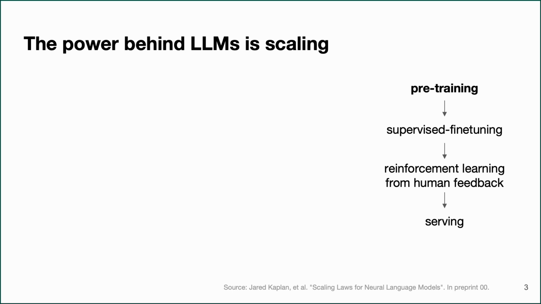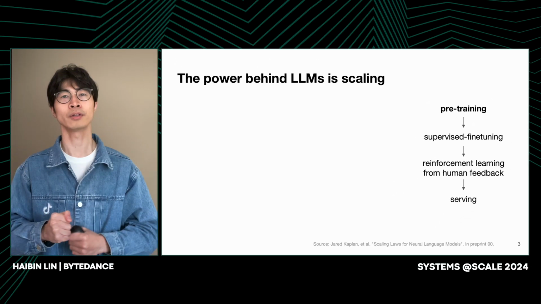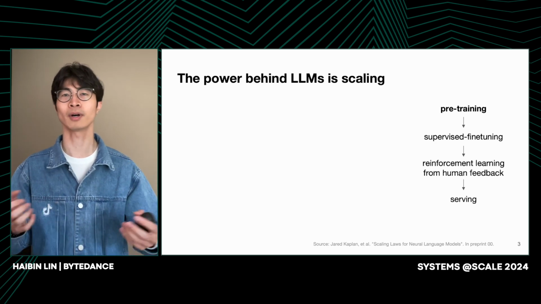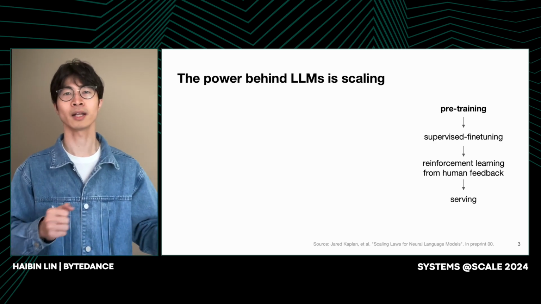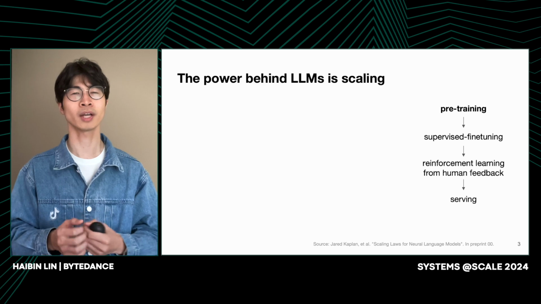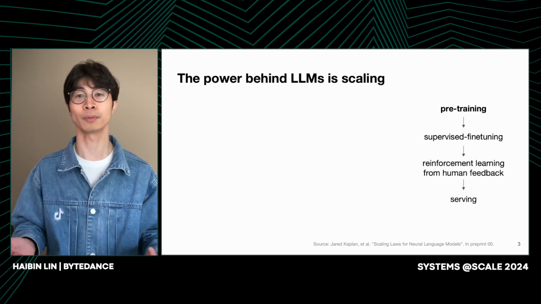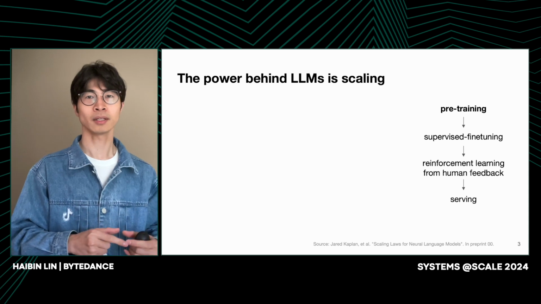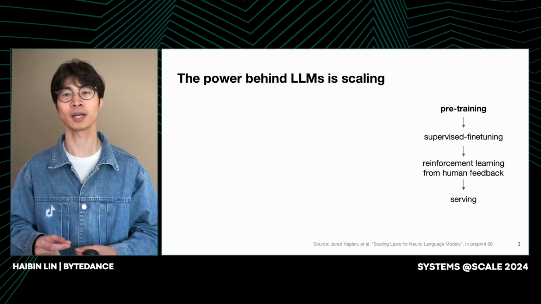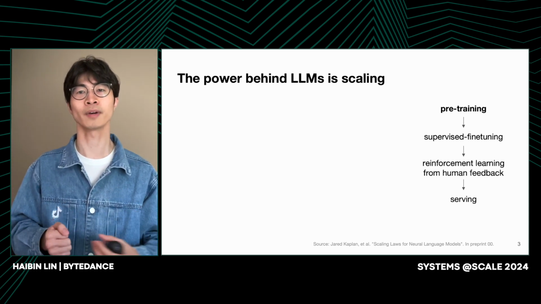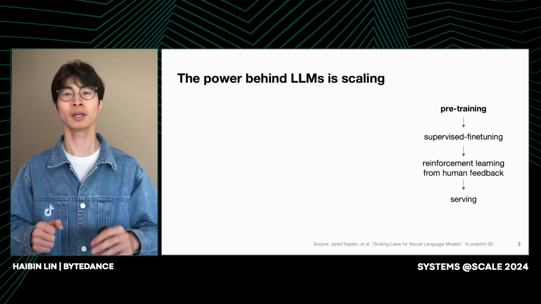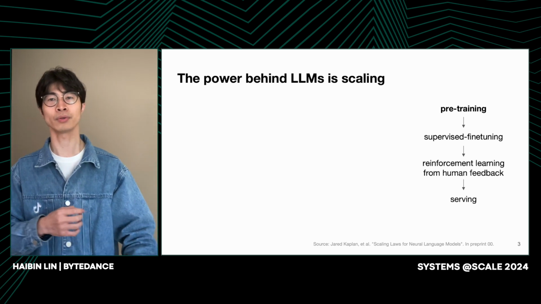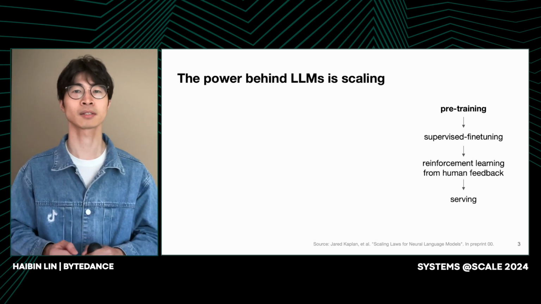We start with the pre-training phase, where we have to collect all the data from the internet. We crawl the data from the internet and let the model basically compress all the general-purpose knowledge from the internet. And then we can prepare some human labeled data that is designed specifically for a task, which is called supervised fine tuning. Basically, you can adjust the model and instruct it to follow your intent for specific tasks.